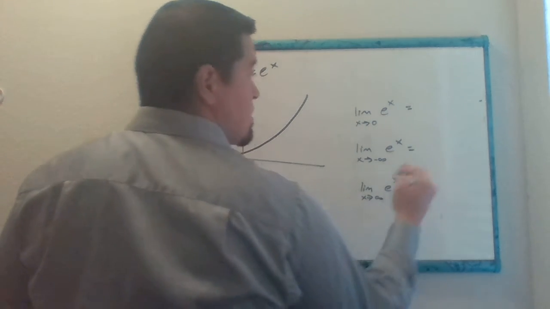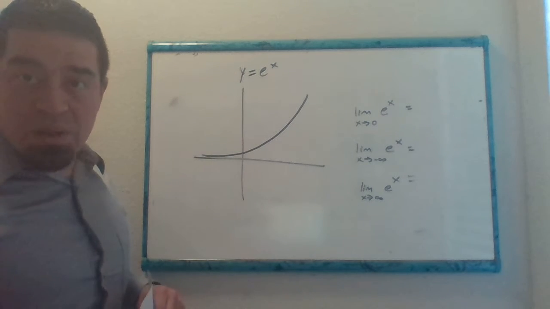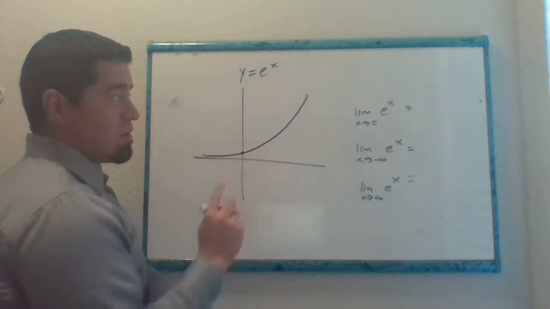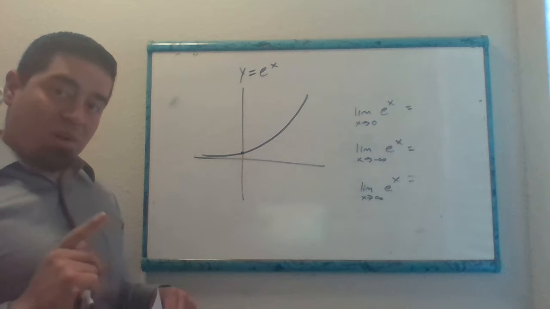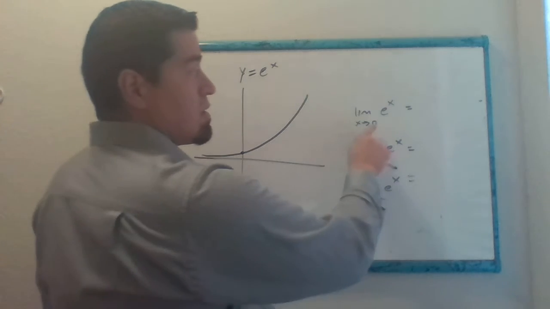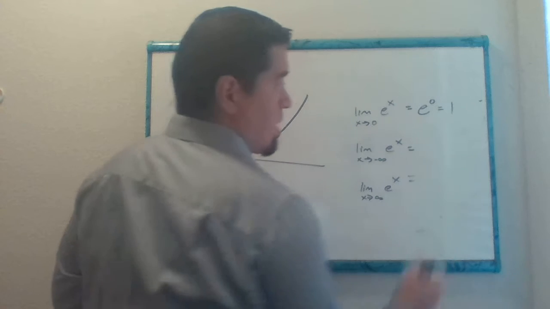For the limit as x approaches 0, remember, the first thing we try with limits is direct substitution. If we substitute 0 into x, I get e to the 0, which just so happens to be 1.